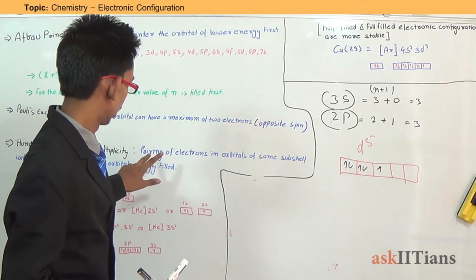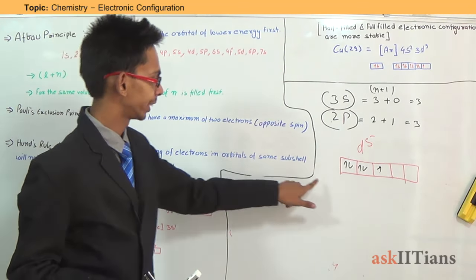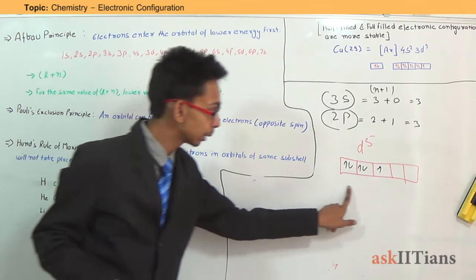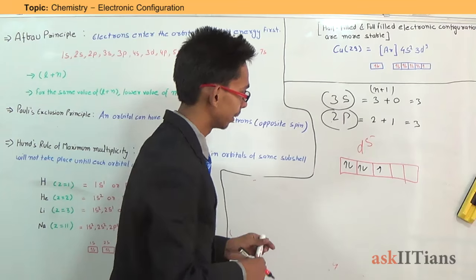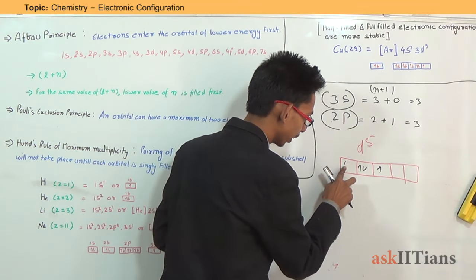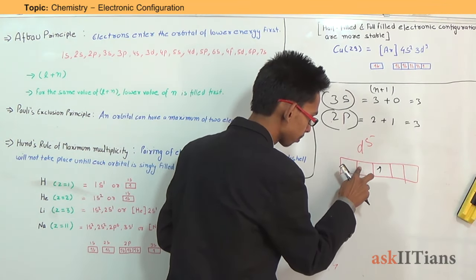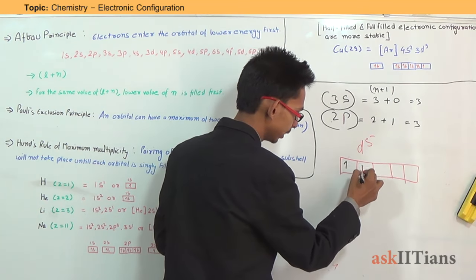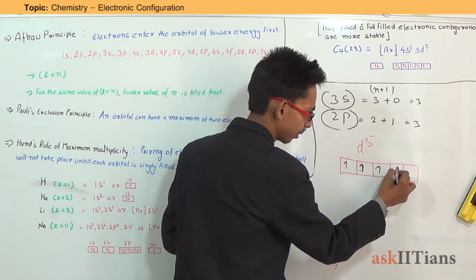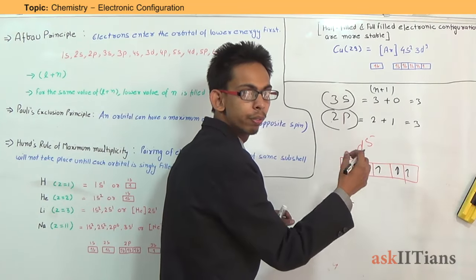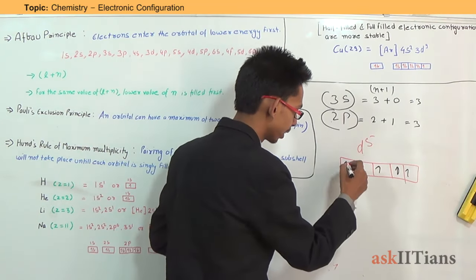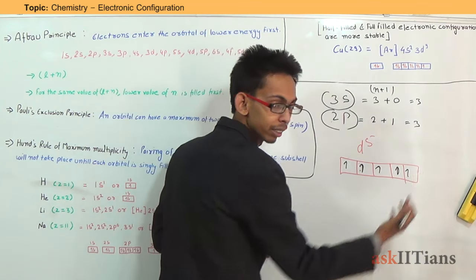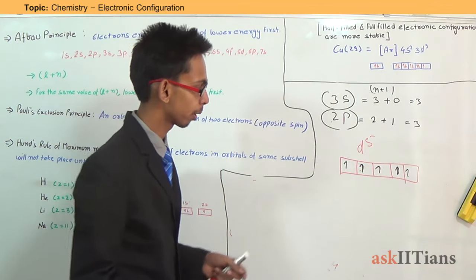The correct order of filling is to first fill all of these with 1, 1, 1, 1, 1. And now, if we are left with more electrons, then the pairing will start. But here we have only 5, so we put 1 in each of the orbitals.